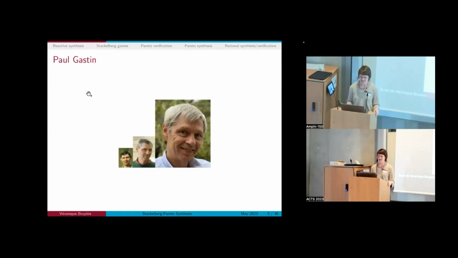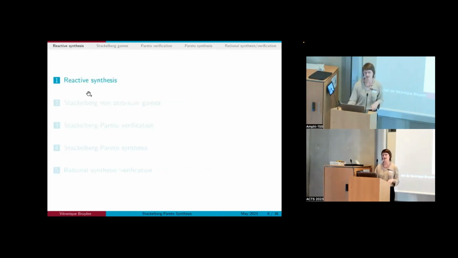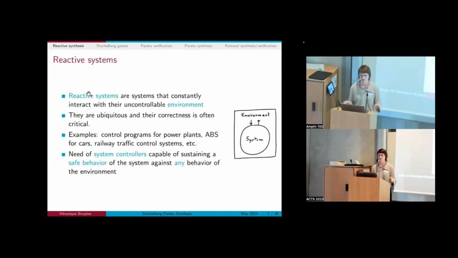And so now I'm going to speak about verification and synthesis. And first, I would like to recall classical things about reactive systems. Everybody knows reactive systems that constantly interact with their environment, and this environment is uncontrollable.